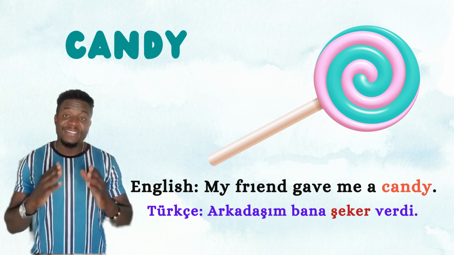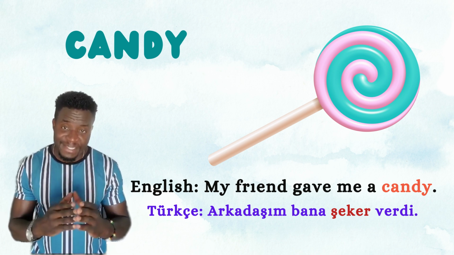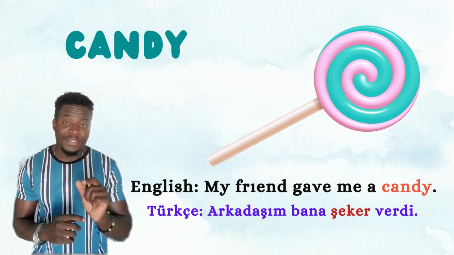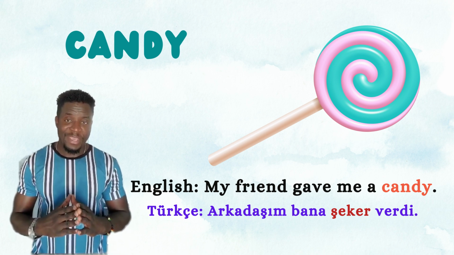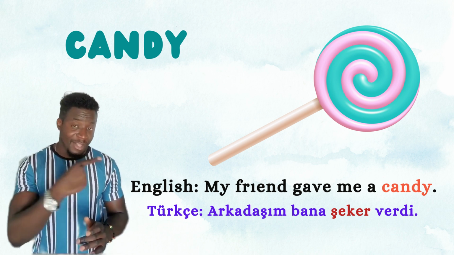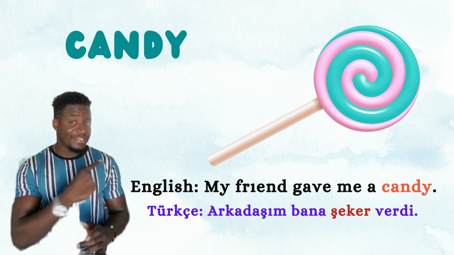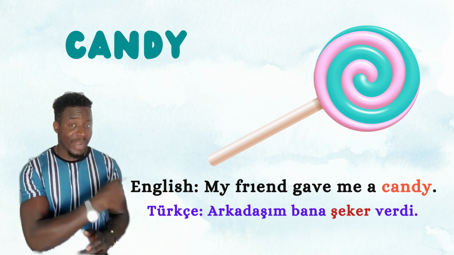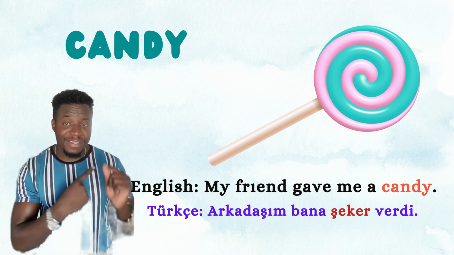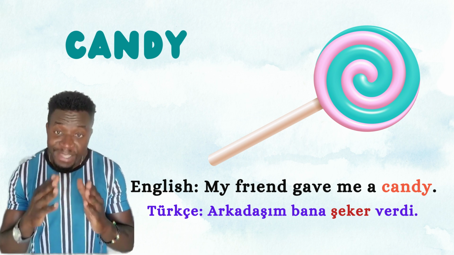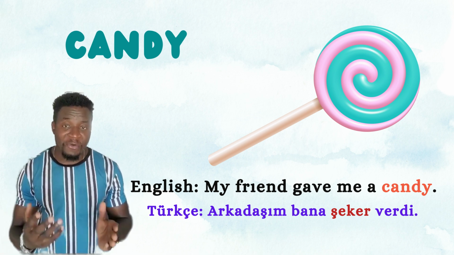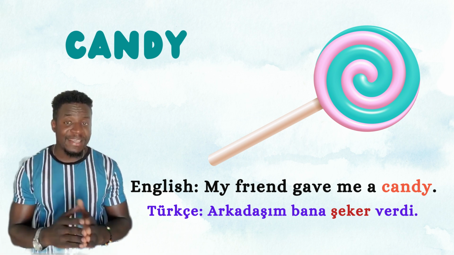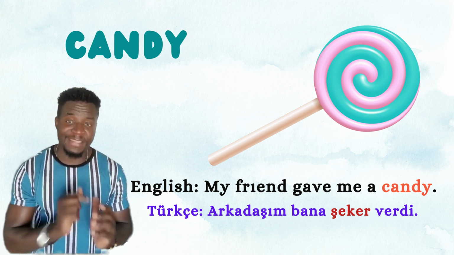Now, let's give an example sentence with the word candy. Okay? Now, look right here. As you can see, candy is right here, and we have the example sentence in English. Now, my friend gave me a candy.